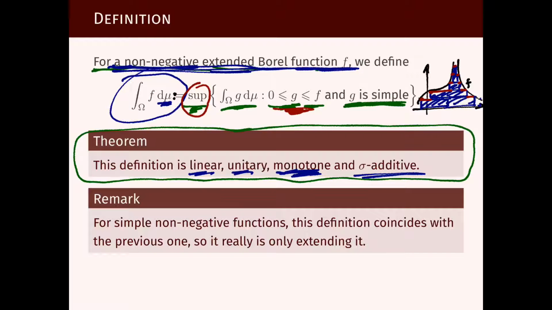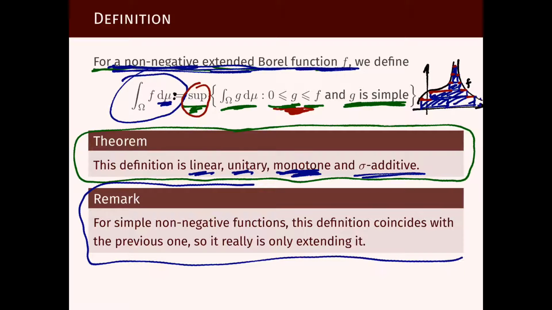But each time we extend, we need to make this remark that according to this definition, if a function is non-negative and also simple, so it belongs to these two spaces, then how do you compute its integral? Do you use the previous definition or do you use this new definition? And it turns out it doesn't matter which one you use, it will give the same number.